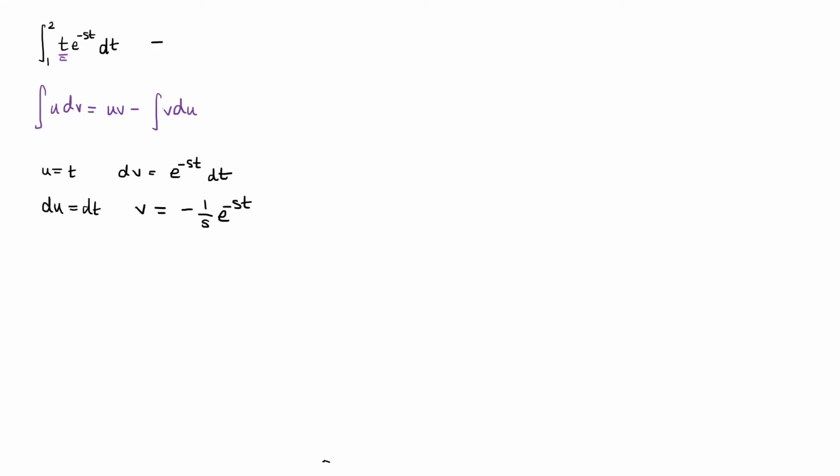Okay, so we can rewrite our integral as u times v, so negative t over s e to the negative st, minus the integral of v du, so minus 1 over s e to the negative st dt. Okay, and we can simplify this a little bit more.